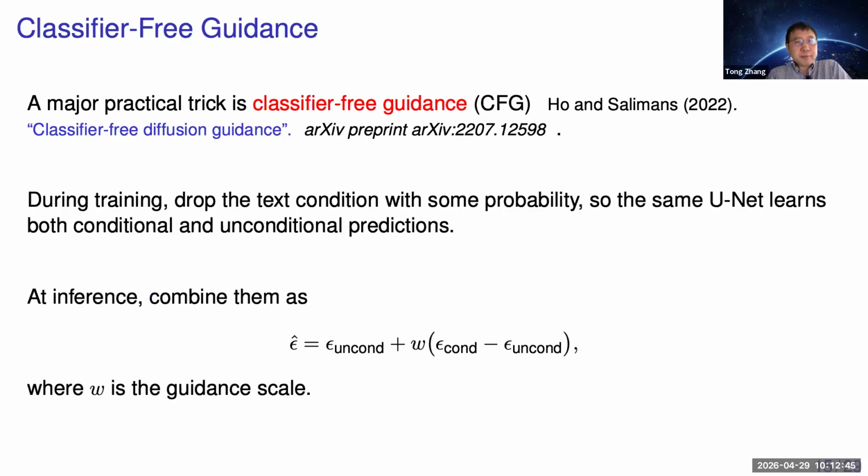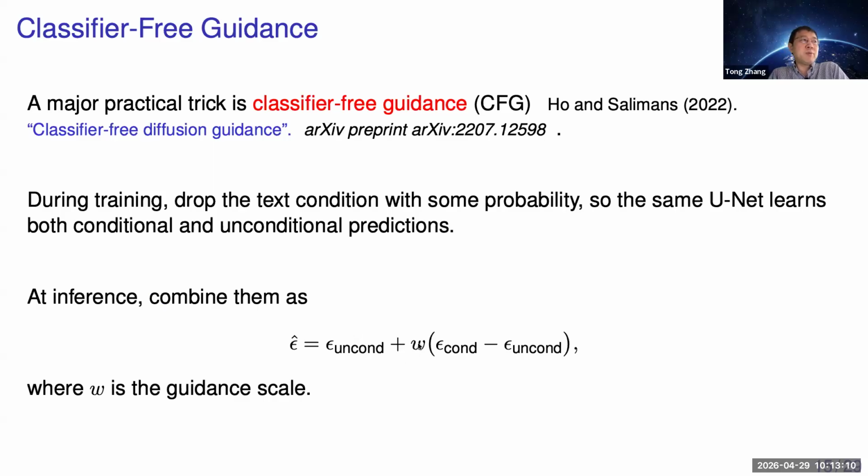Now, how do you use that? Typically you have a conditioned noise, right? But here it has a scale W times the unconditioned noise. For the unconditioned, you give the empty prompt. For the conditioned, you give whatever your prompt is, and it is multiplied by a factor.